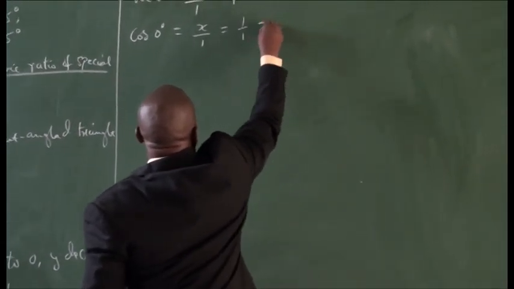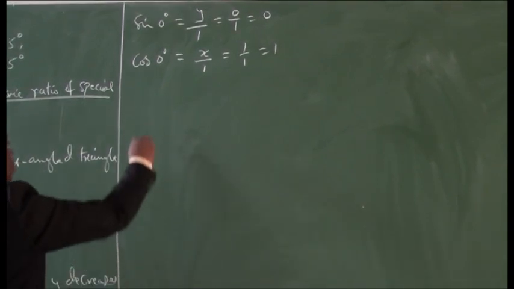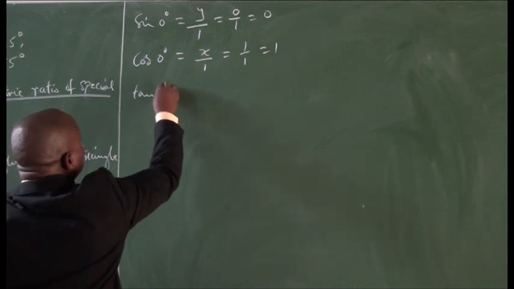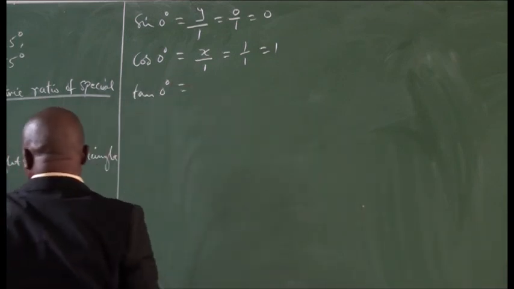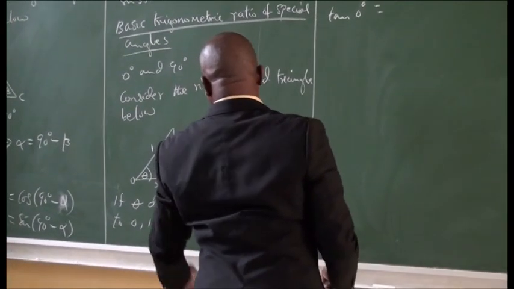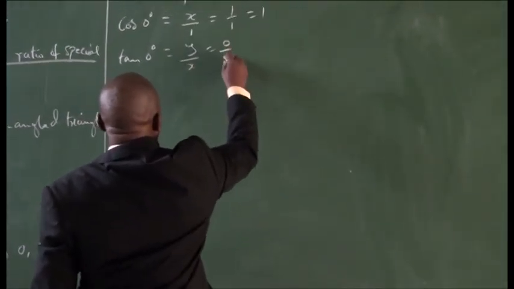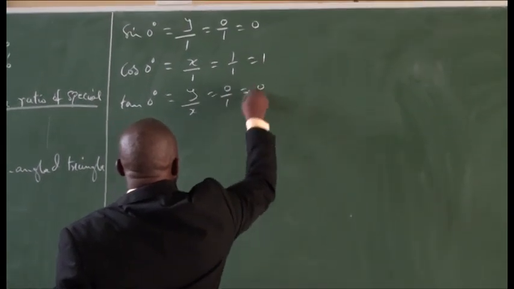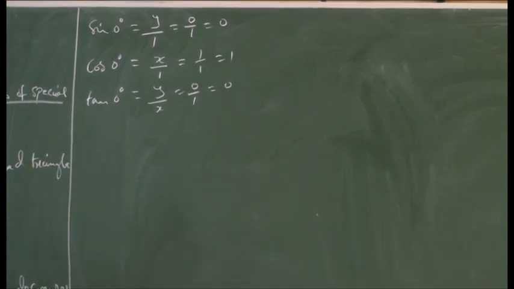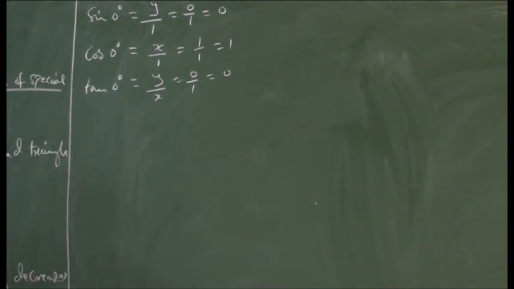That gives me 1 over 1, which is 1. Now tan 0 degrees, tan is opposite over adjacent, y over x, which is 0 over 1, and that is 0. So we have that cos 0 is 1, sin 0 is 0, and tan 0 is 0.